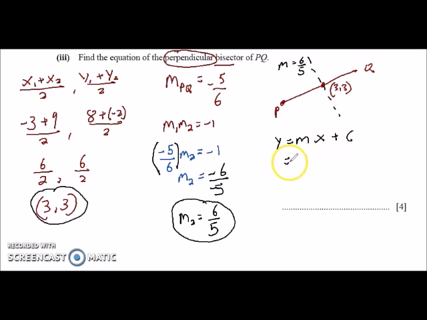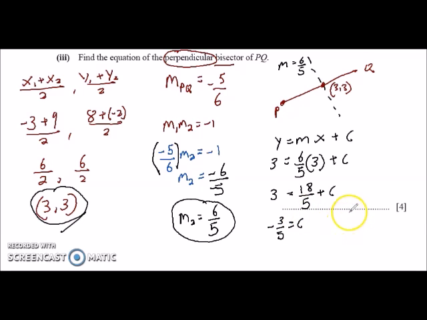So we got 6/5, the gradient, and substitute the x, which is 3, from here, and y is 3 to get the c answer. So here we'll be getting 18/5, and then here's 3. We move the 18/5 to the opposite side, we will be getting negative 3/5 plus with c.